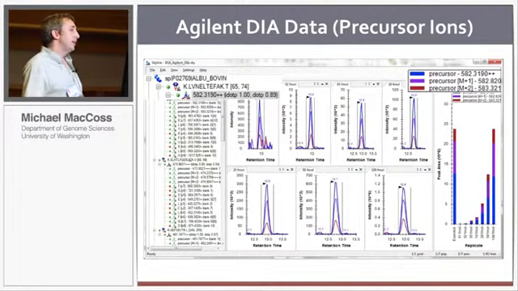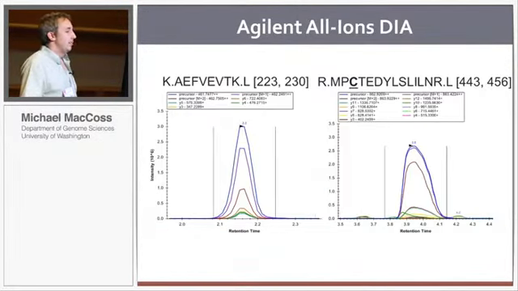Something you can't do with other competing software tools is look at the fragment ion data and the precursor ion data together. We can definitely do that. We can do that for Agilent data, and we can do that for every vendor's instrument hardware. Waters has their MSE, but on Agilent QTOFs, you can do the same sort of thing.